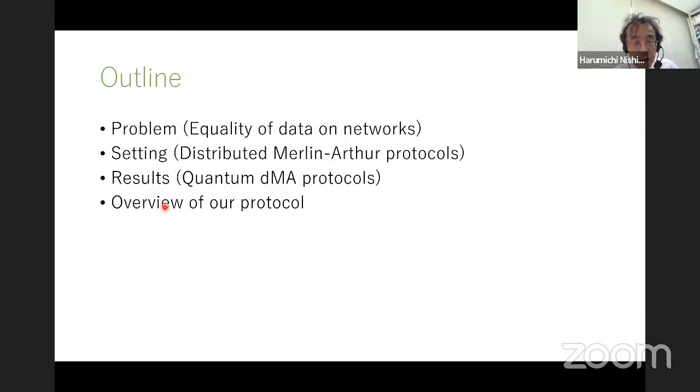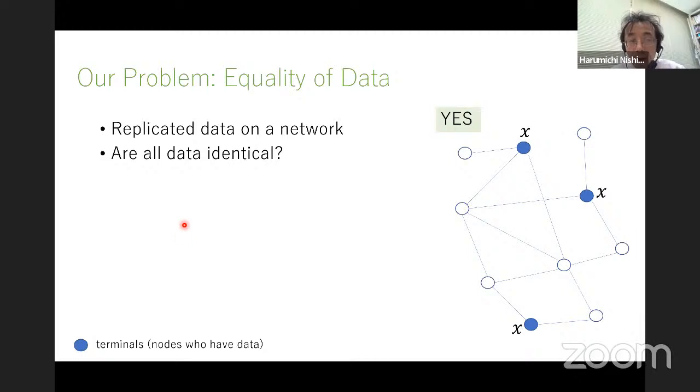First, I introduce the problem and setting. After that, I give a result and give an overview of our protocol. Our problem is very simple. This is the equality of data.